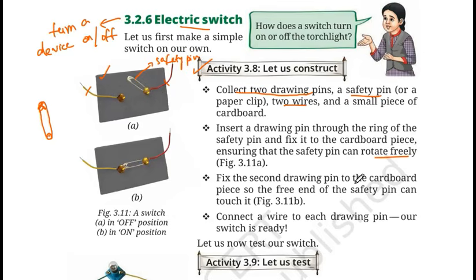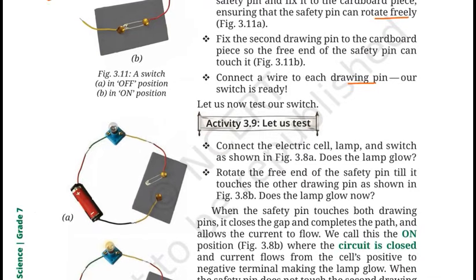Then fix the second drawing pin into the cardboard so the free end of the safety pin can go and touch it. So at a distance that this pin can go and touch this, you have to place the other one. Then connect a wire to each drawing pin. So to each drawing pin we are connecting the wire. Our switch is ready. So to test it, connect the wires with a cell and a lamp.